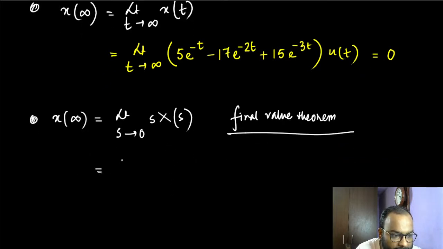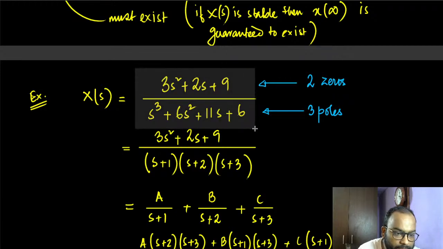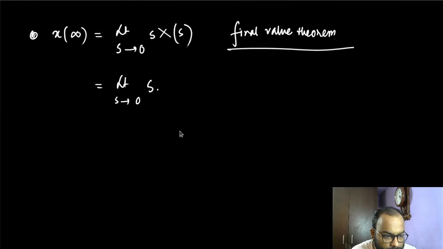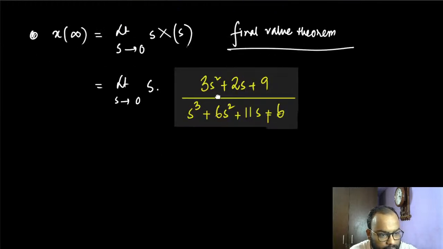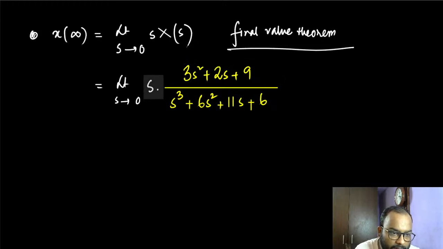So we are calculating this limit. Limit s tending to 0, s times X(s). Now what is X(s)? X(s) was this. Okay, that is exactly what we want. All right, so that is exactly what we are calculating here.